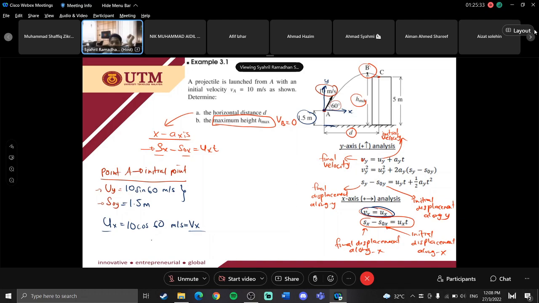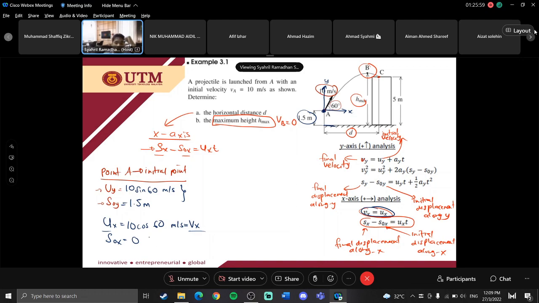Then you need to determine s naught x. For reference point A, we don't have any datum, so we just assume that point A is the initial point along the horizontal component, and put s naught x as 0, the starting point.